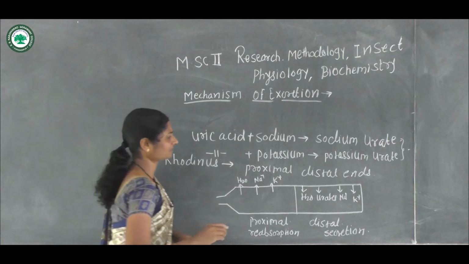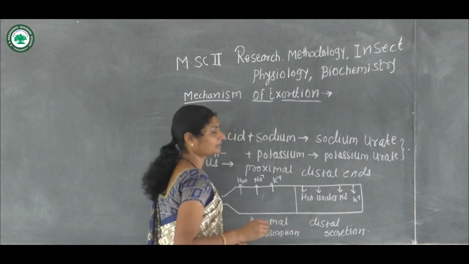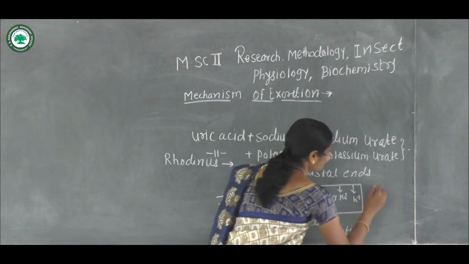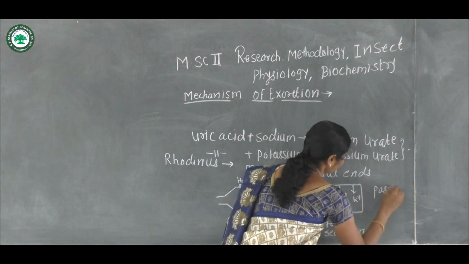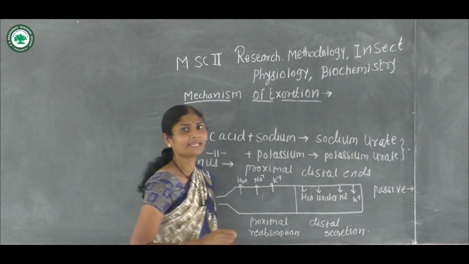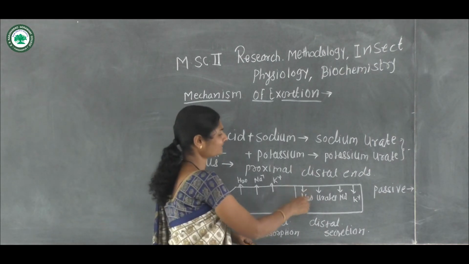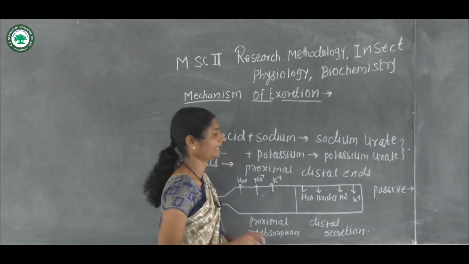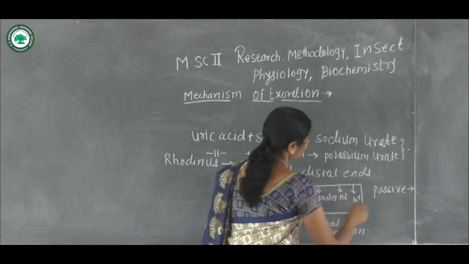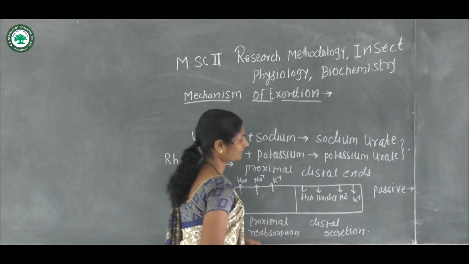In the distal region, water and urates are absorbed with the help of passive transportation, that is from higher to lower concentration.